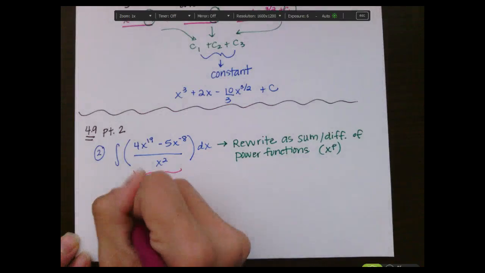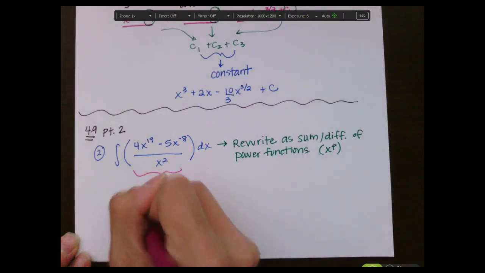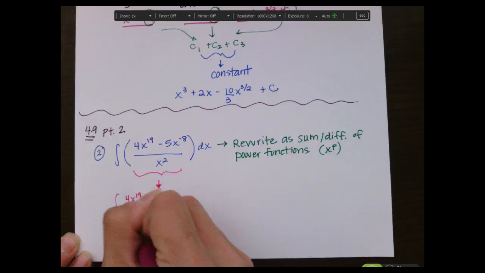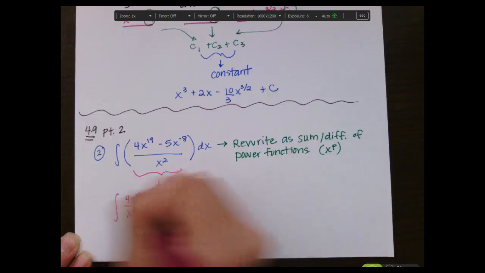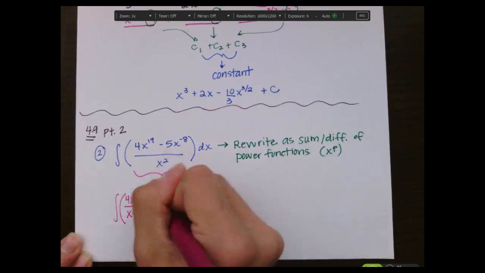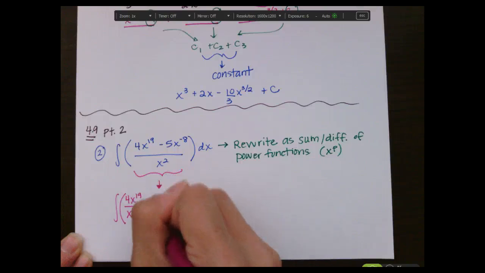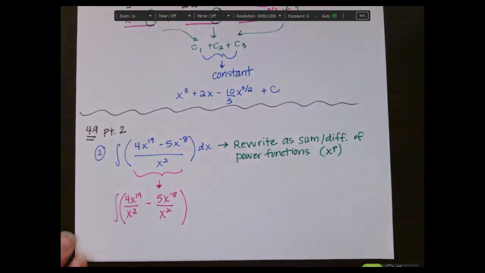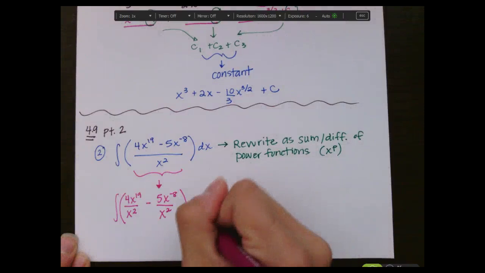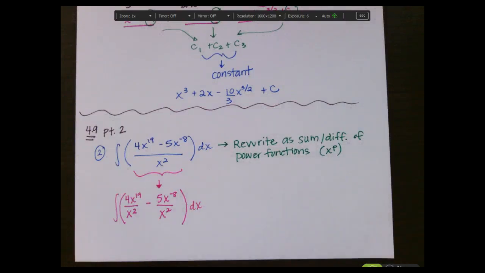So I'm going to write it as 4x to the 19th over x squared minus, put parentheses around the whole thing, 5x to the negative 8 over x squared with respect to x. Okay, I'm going to continue to simplify that.